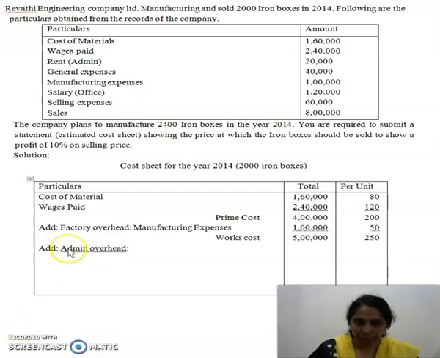Under this you can write the expenses. Many items are there, so we can write the expenses in the inner column only. Rent is 20,000. The next item is general expenses, which are 40,000.